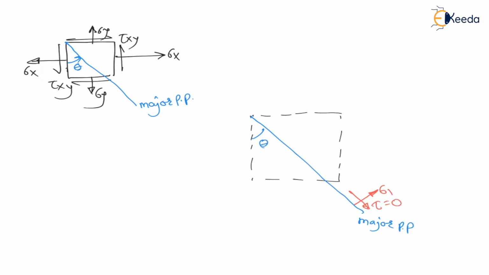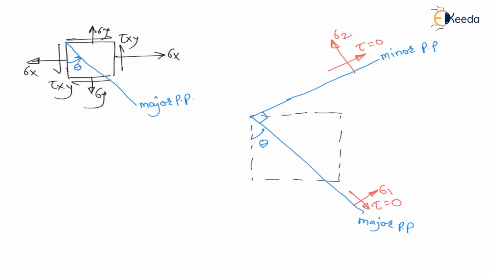At 90 degrees to this plane, we get the minor principal plane. On this plane the normal stress, perpendicular to the plane, is the minor principal stress, and the shear stress on this plane is also 0.